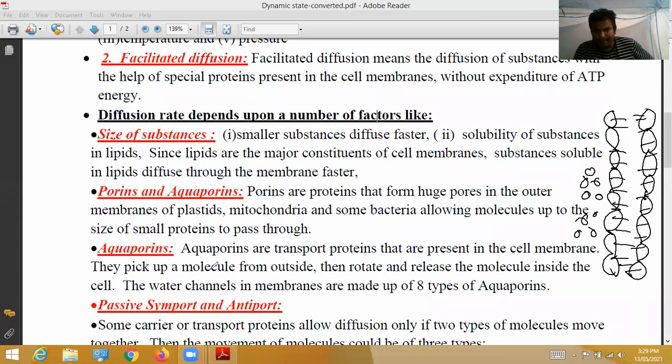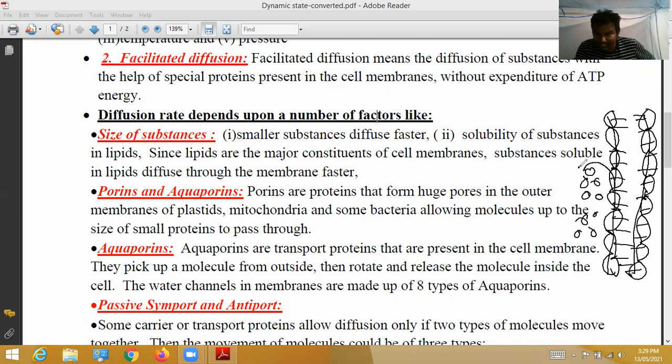They pick up a molecule from outside. Aquaporins are present in the cell membrane. These are all the molecules from outside.